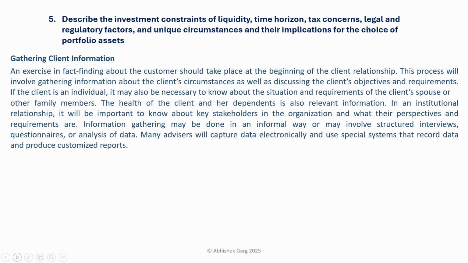The health of the client and the dependents is also relevant in this case. In case of an institutional relationship, it would be important to know about the key stakeholders and what their perspectives and requirements are. Information gathering could be done in an informal way, or it could involve structured interviews, questionnaires, or analysis of data.